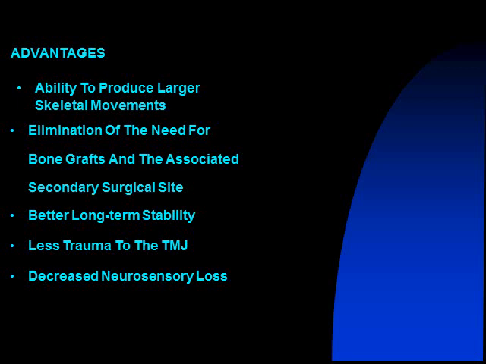There are many advantages of distraction over regular orthognathic surgery, in which we can use it to produce larger skeletal movements, because in regular cases of orthognathic surgery we are restricted by the resistance of the surrounding soft tissue.